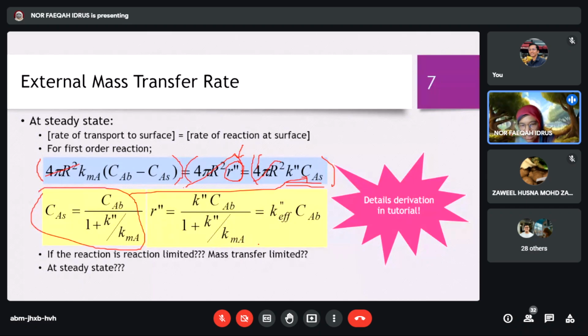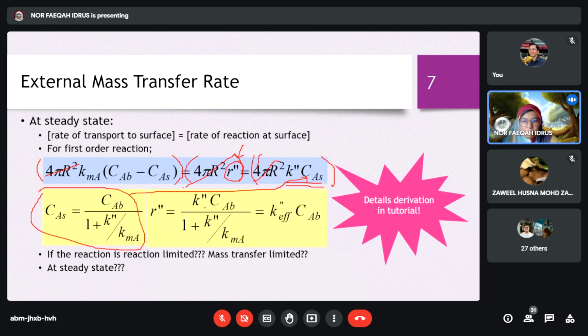And then this k_m you bring up to the numerator. It becomes, you have to write it to see it, r equal to k_m k C_AB over k_m plus k. That is the original equation. When you rearrange and simplify, you get the denominator as 1 plus k over k_m.